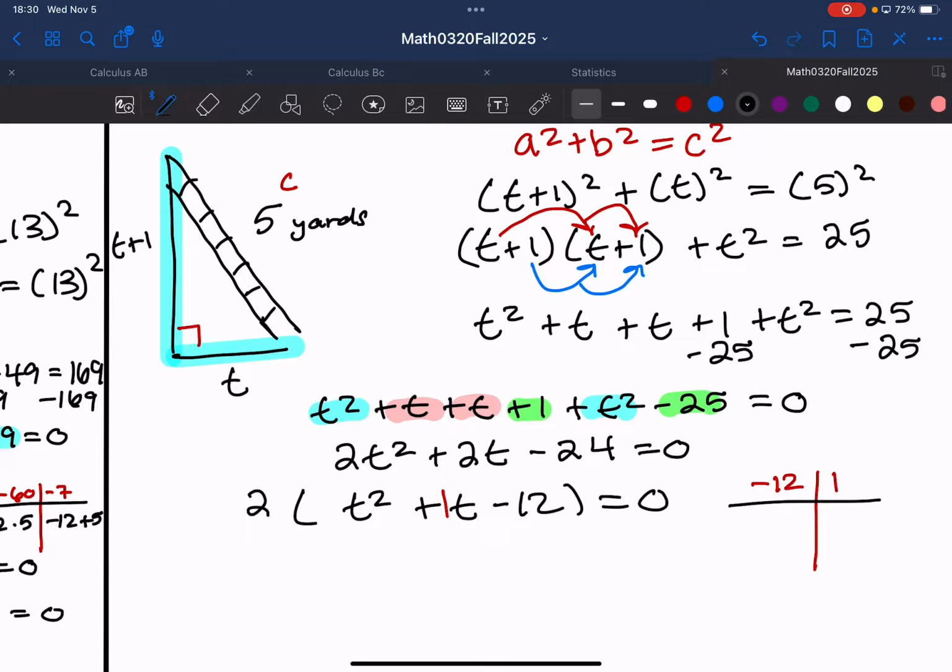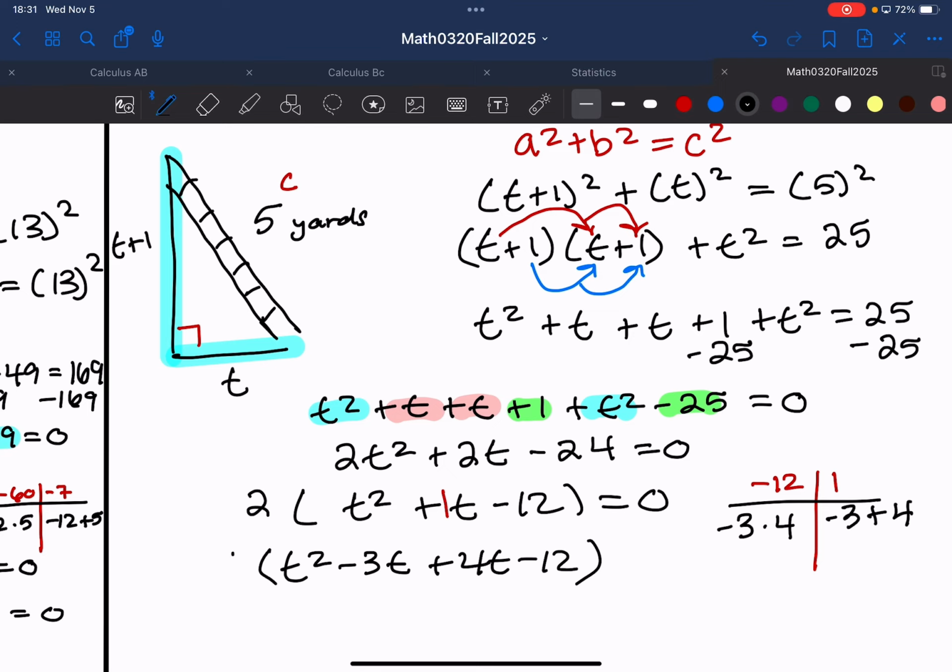Which one has to be negative? 3, right? Negative 3 times 4 gives us negative 12. Negative 3 plus 4 gives us positive 1. If we made the mistake and switched them, we would have ended up with a negative 1 instead of a positive 1. Okay? So then I have t squared minus 3t plus 4t minus 12.